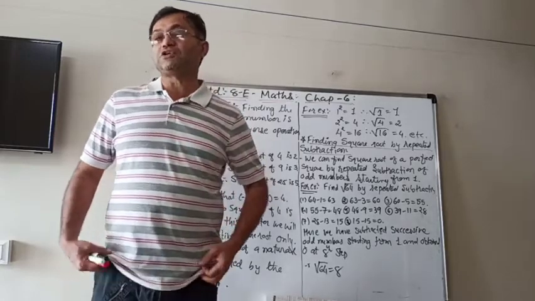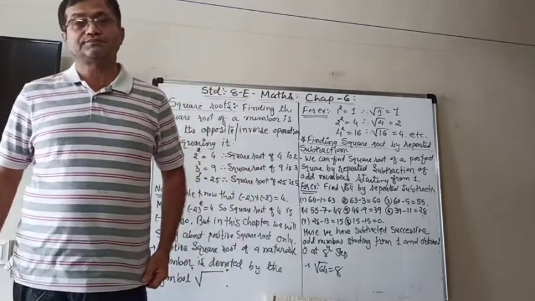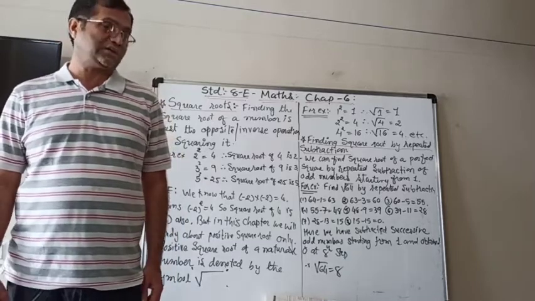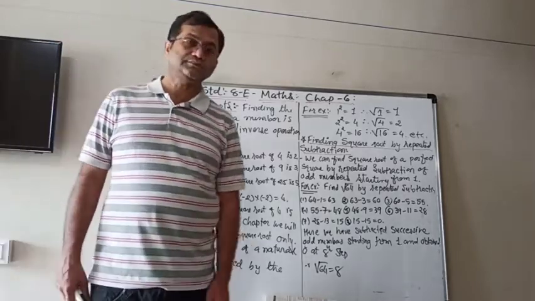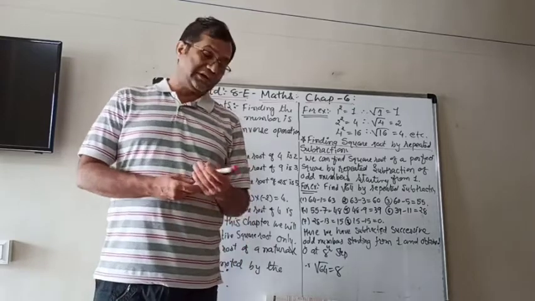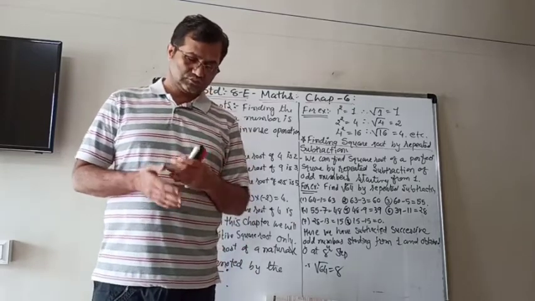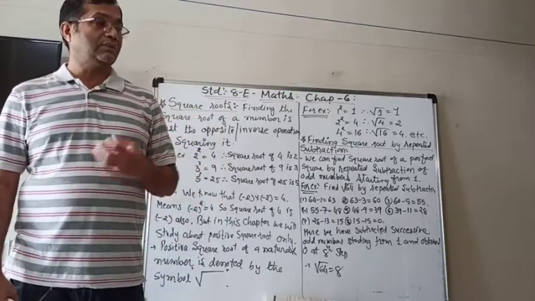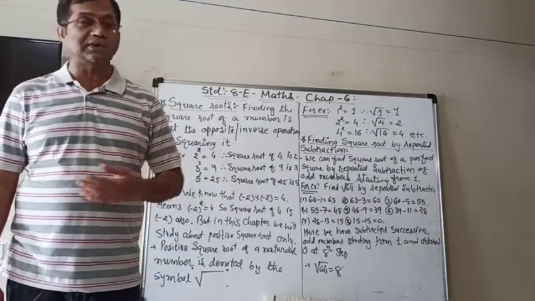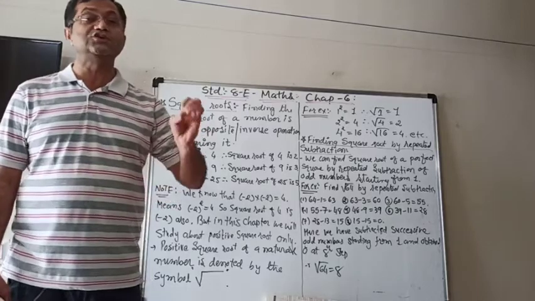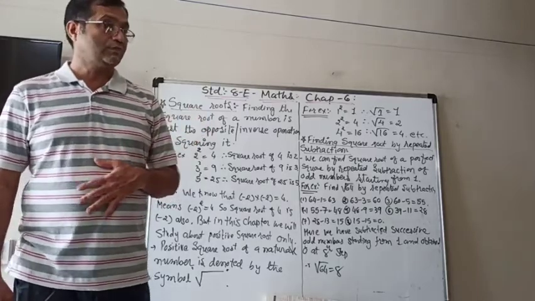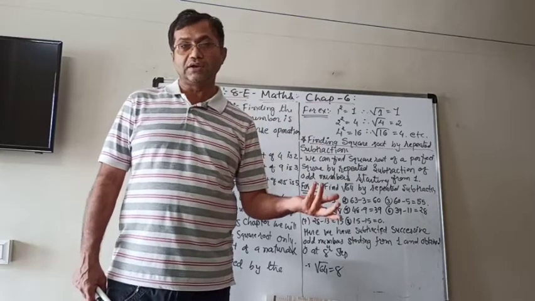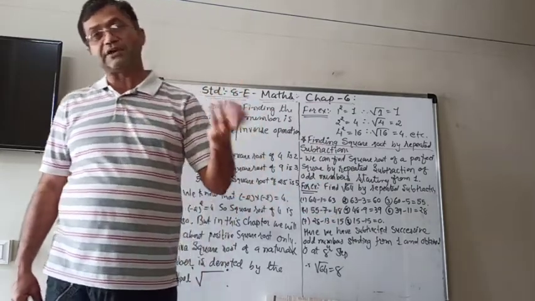Up to the last video, we learned about the square of a number. We learned some properties, like when a number can be a perfect square and when it cannot, according to the unit digit. Also, the square of an odd number will be odd, and the square of an even number will be even.